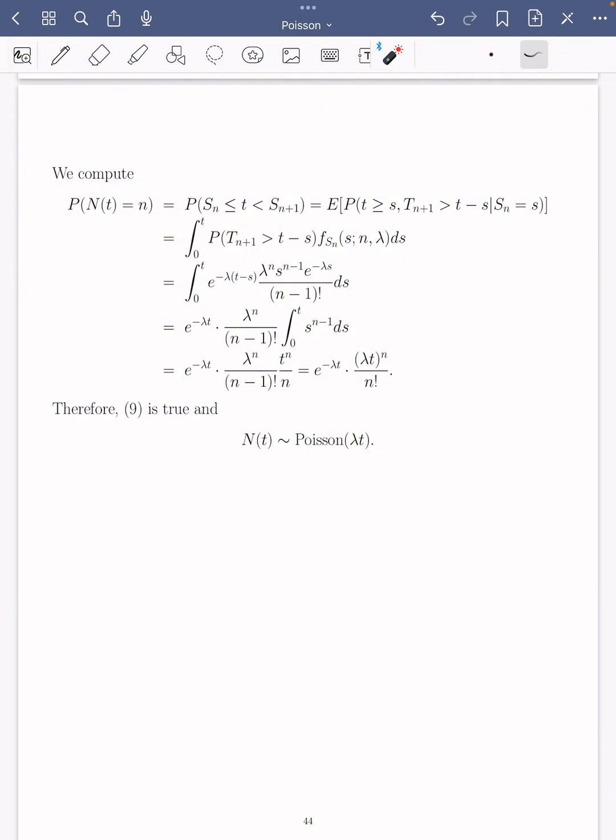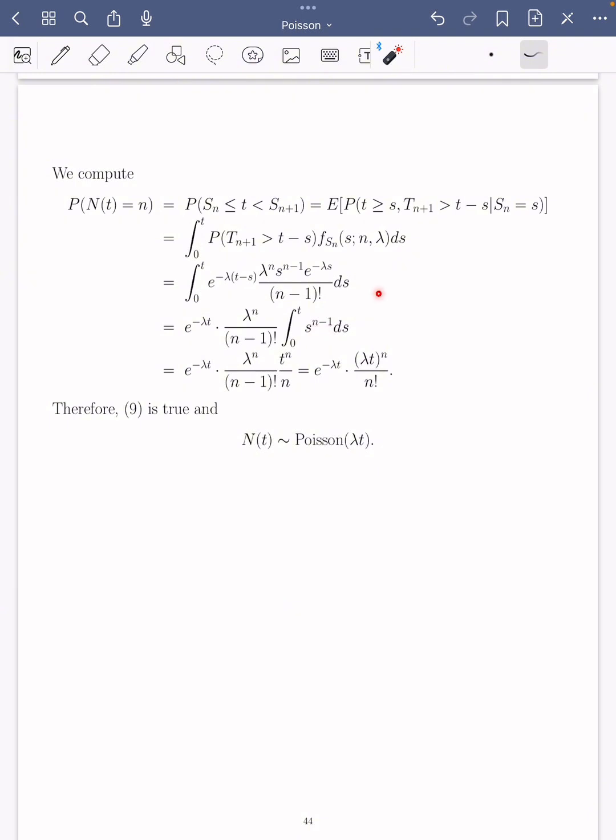So the critical point now is that the e to the negative lambda s will cancel with the e to the negative lambda times negative s. Perfectly. So now we can put this e to the negative lambda t out, which is here, and then lambda to the n here, and n minus 1 factorial here, and the remaining term will be the integration from 0 to t of s to the power of n minus 1 ds.